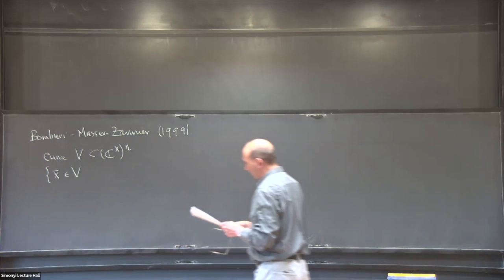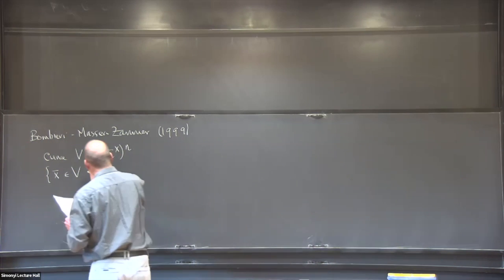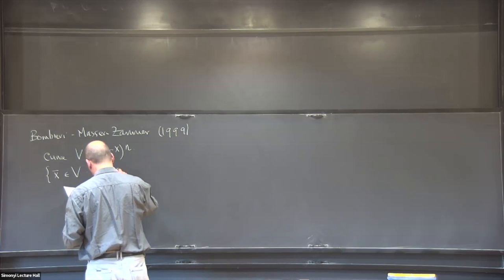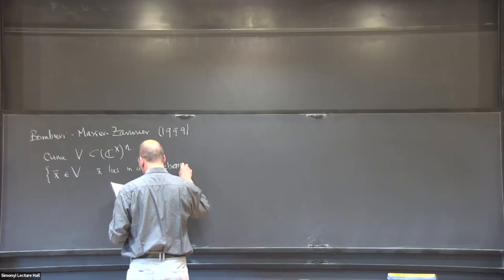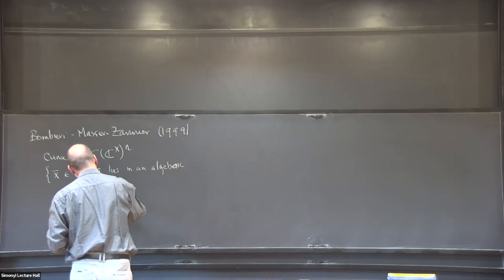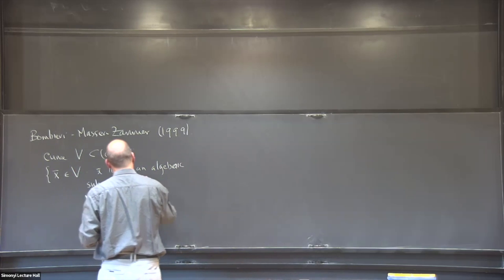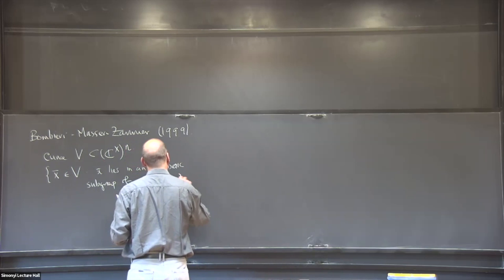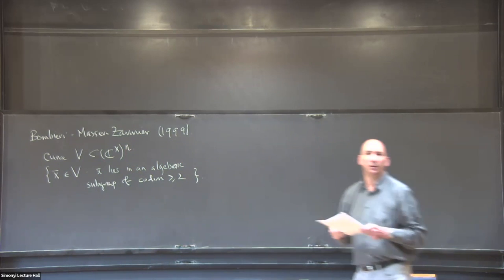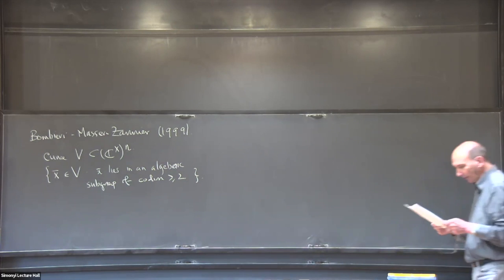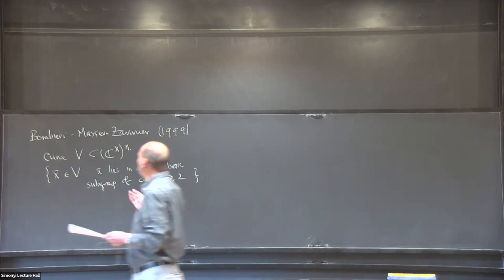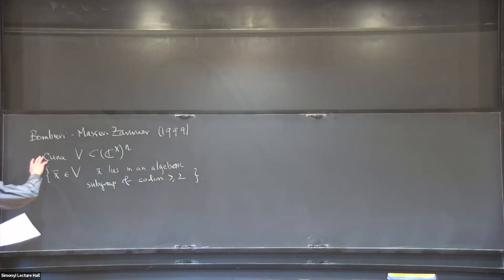So x bar will be an n-tuple of points such that x lies in an algebraic subgroup of codimension at least 2. So that amounts to considering points on the curve that satisfy 2 independent multiplicative conditions. And since you're putting 2 conditions and the curve is one-dimensional, any such point is an unlikely intersection, dimensionally unlikely.